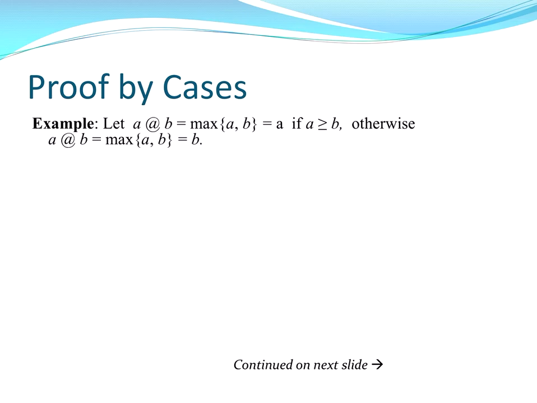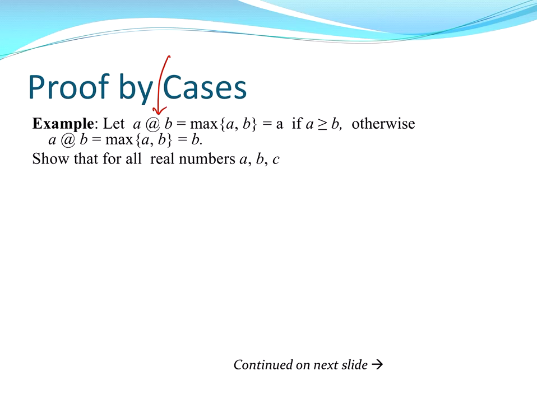Here's an example. We're going to define the operation given by this at sign: a at sign b is just the max function of a and b. So a at sign b is equal to a if a is greater than or equal to b, otherwise a at sign b is equal to b. So it's the result of the max function.